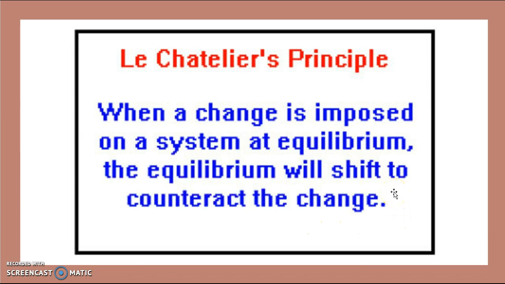The Le Chatelier principle states that when a change is imposed on a system at equilibrium, the equilibrium will shift to counteract the change, then try to reestablish the equilibrium.